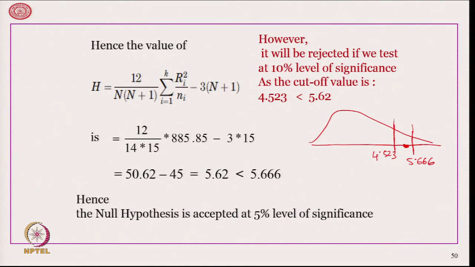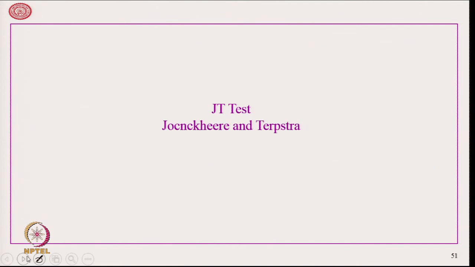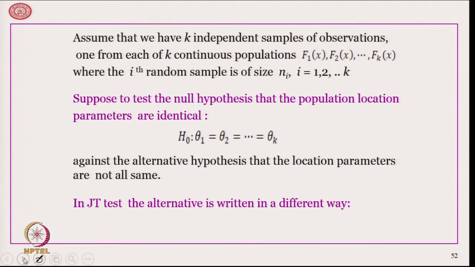Let me now talk about another test which is called the JT test, named after these two scientists. It is similar to Kruskal-Wallis, but there is a difference in the treatment of the alternative. So, the setup is the same.